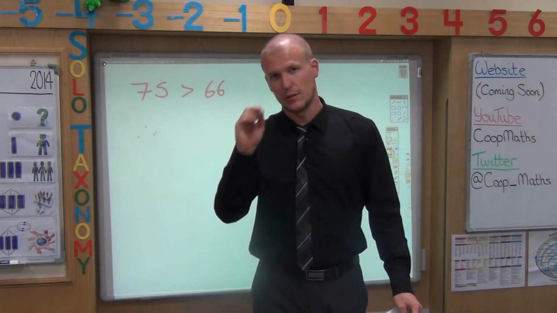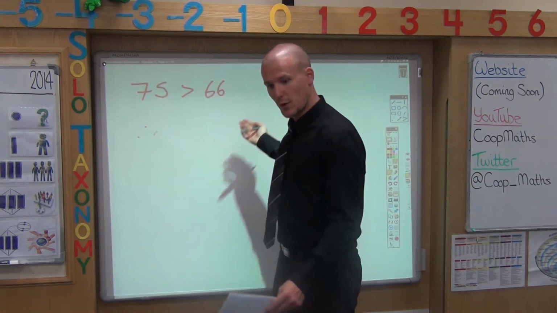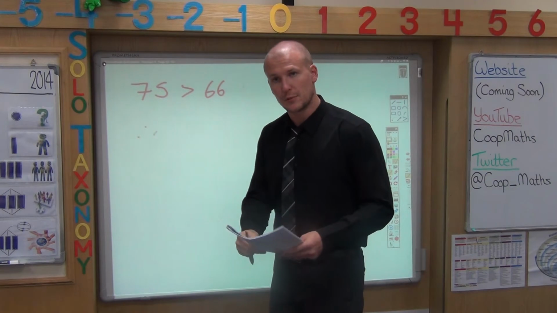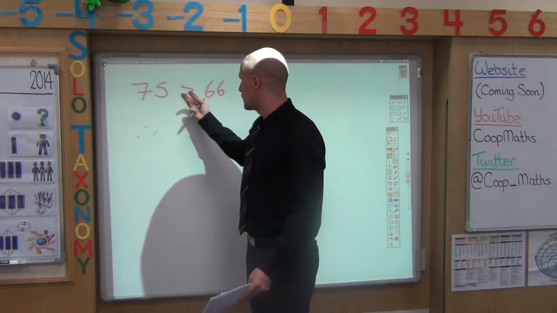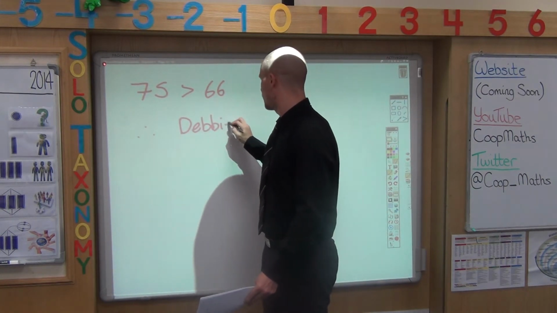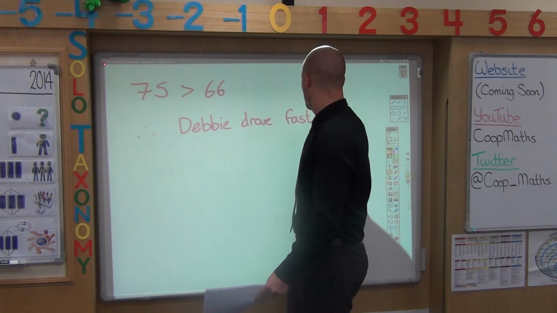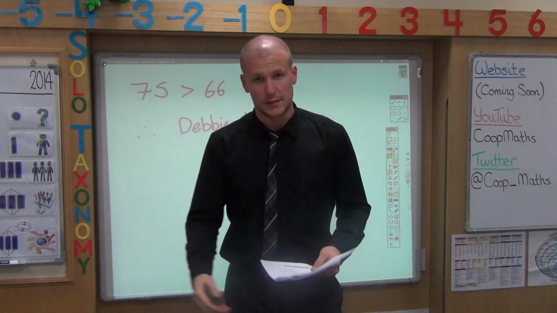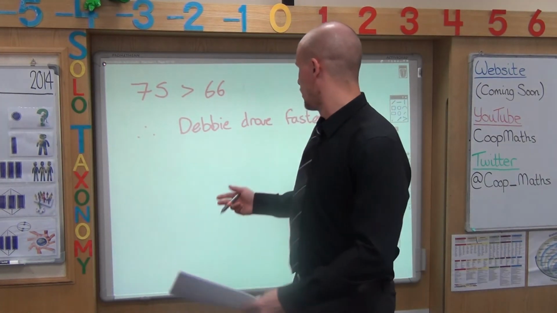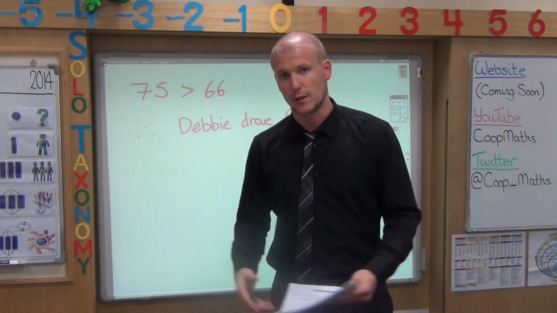Then, using the therefore symbol, the little 3 dots in a triangle, you answer the question. So, who had the fastest speed, Debbie or Ian? 75 is bigger than 66, therefore, Debbie drove faster. Or Debbie had a higher speed, or whatever. As long as you declare the fact that Debbie was quicker than Ian, or Ian was slower than Debbie, you'll get your full marks from that.